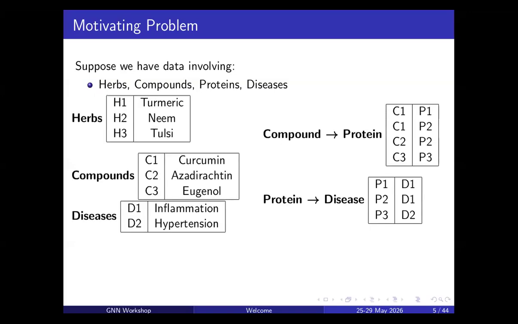So in a traditional approach, you have herbs H1, H2, H3, compounds like C1, C2, C3, and diseases like D1, D2, and their interactions, like how compounds and proteins interact, how proteins and diseases interact. Those details are with you.